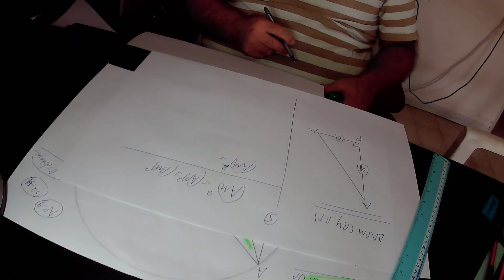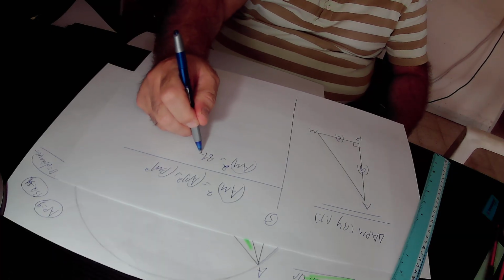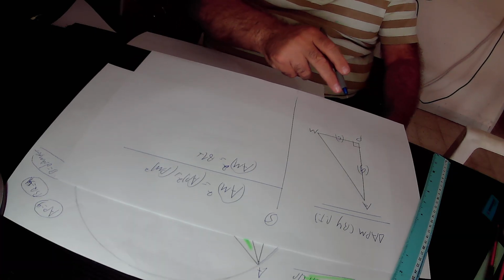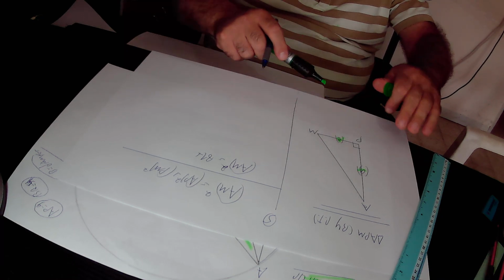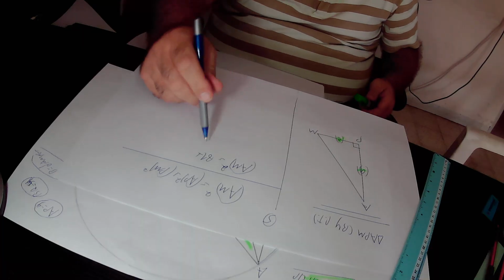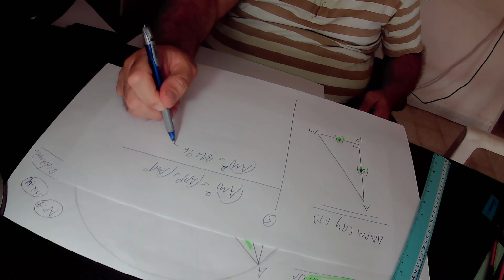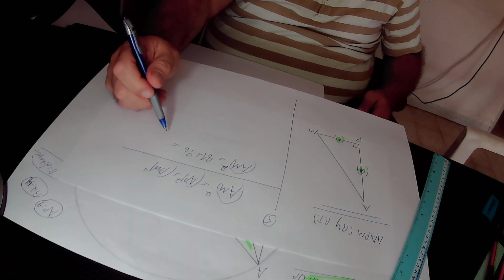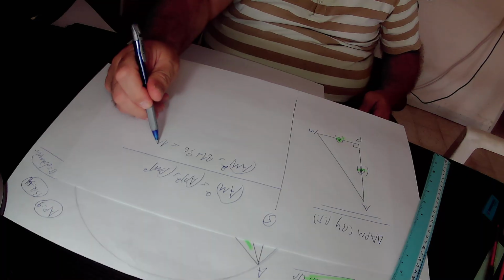AP is 9, therefore AP squared is 9 squared, that is 81, plus PM squared. PM is 6, therefore PM squared is 6 squared, that is 36. So in total we found out that AM squared equals 81 plus 36, which is 117.